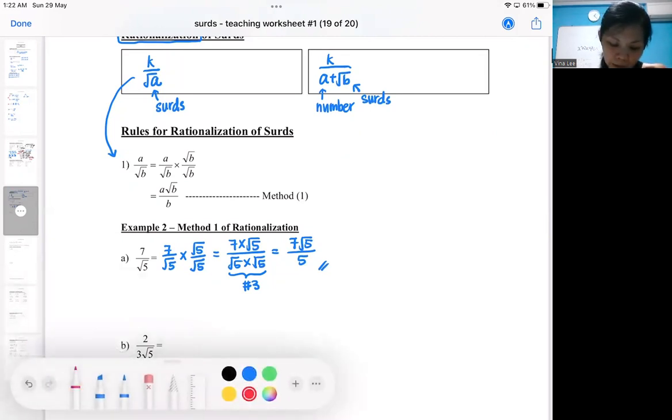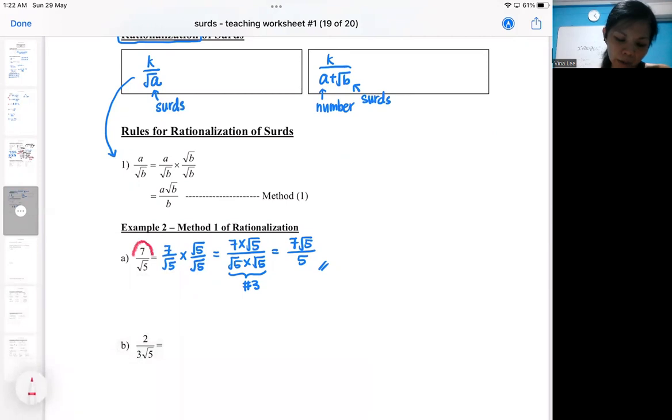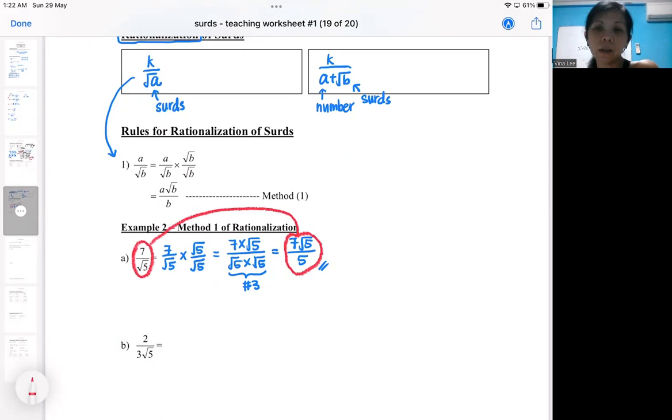So you should realize that you start off with some surds in the denominator. Eventually, the denominator has no surds. So that is called rationalization. The idea of rationalization is to remove the surds from the denominator. So again, the quickest way that you can check is to punch calculator.